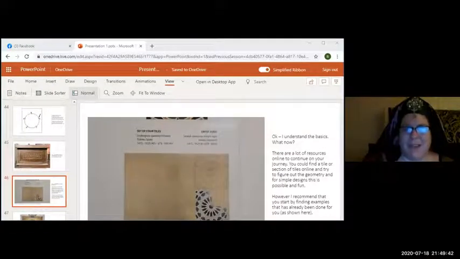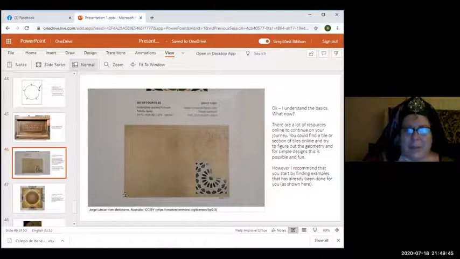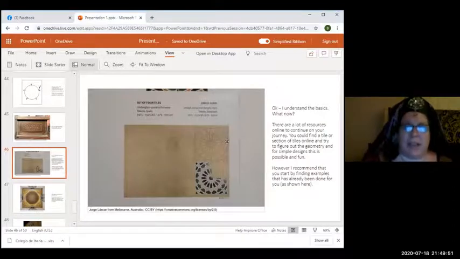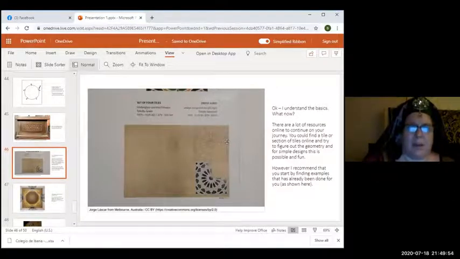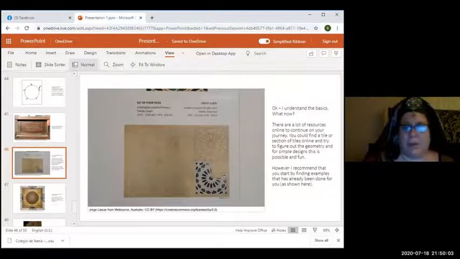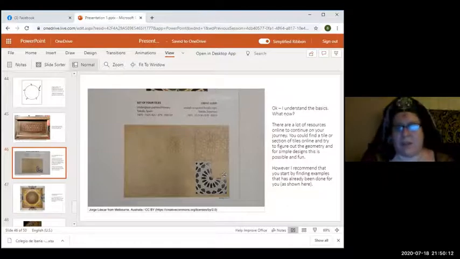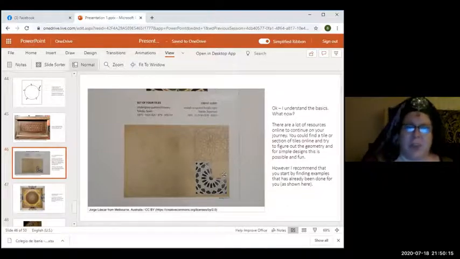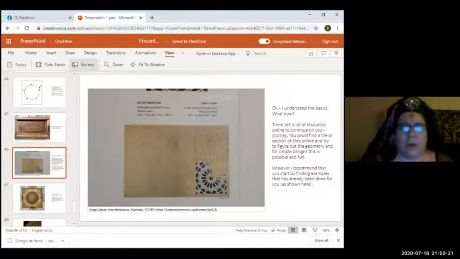So definitely look at examples like this one, and there are books like this available, and a lot of just sheets like this available that show you what the next steps are. And for a start, actually just go to the Met website, and they have some pretty basic designs as tiles, and those you can just look at and more than likely be able to figure out yourself where they're coming from, how to put them together.